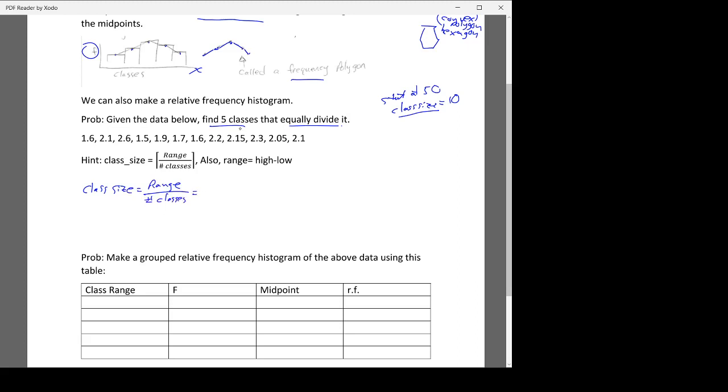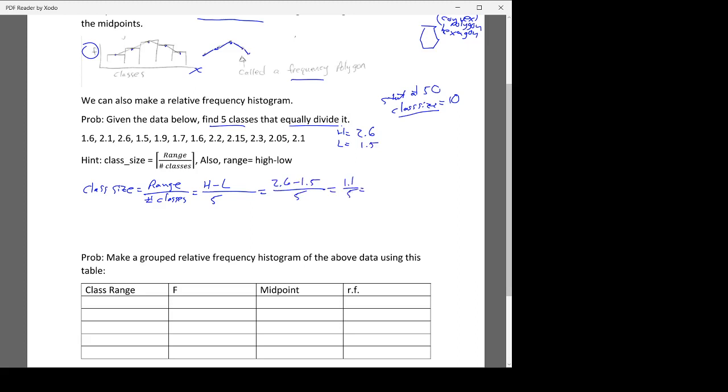And remember, the number of classes is 5. And our range is the high minus the low, right? So what's the high, and what's the low? The highest value is 2.6, and the low is 1.5. So 2.6 minus 1.5 over 5, which is 1.1 over 5.